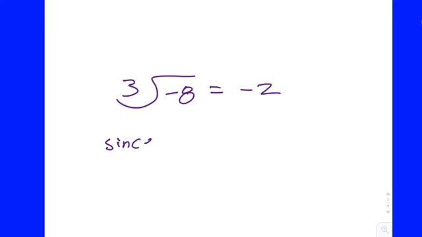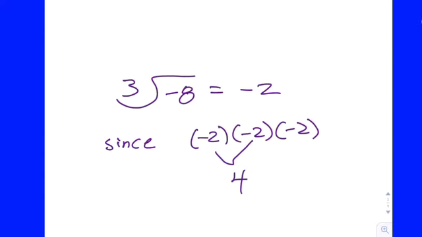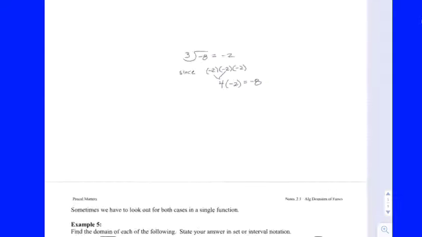And the reason would be since -2 times -2 times -2, these pair up to give you 4, which is positive. But because it's an odd root, you're always going to have that odd man out, which is going to turn it negative again. So cube roots, 5th roots, 7th roots, odd roots of negative numbers are fine. Okay, but even roots are not fine.